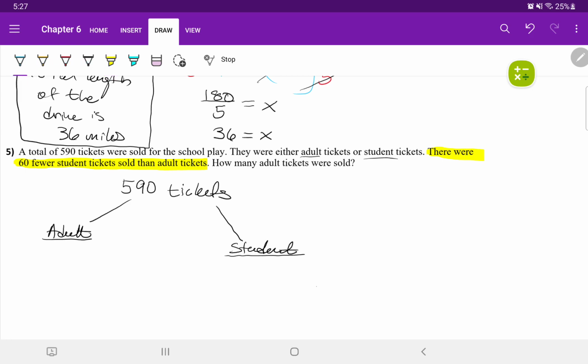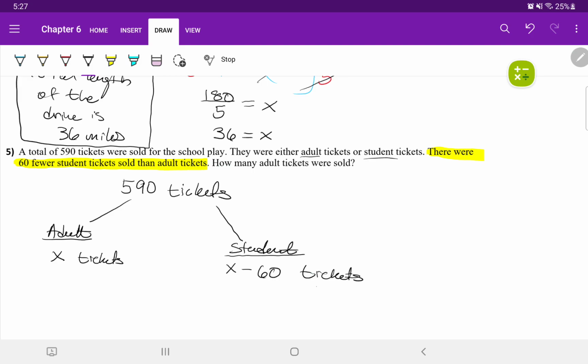I'm going to call the number of adult tickets X, because I don't know how many adult tickets there were. If adults are X, and there were 60 fewer student tickets sold than adult tickets, I'm going to call the number of student tickets X minus 60.